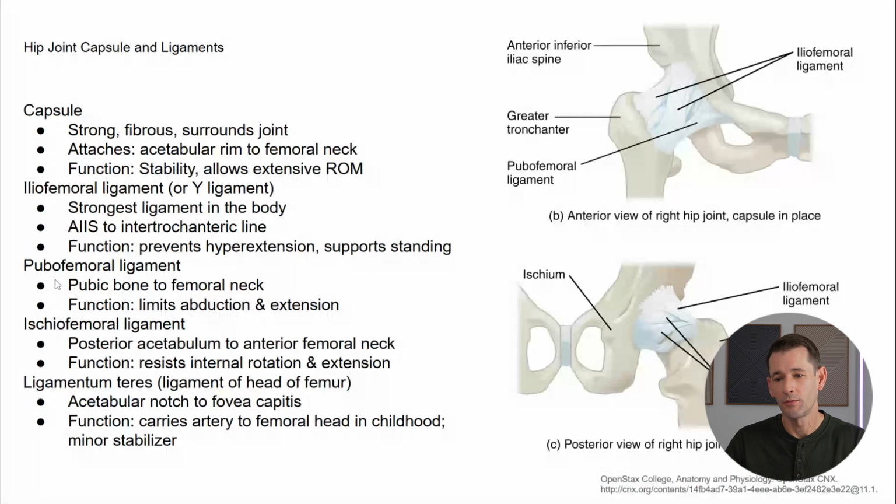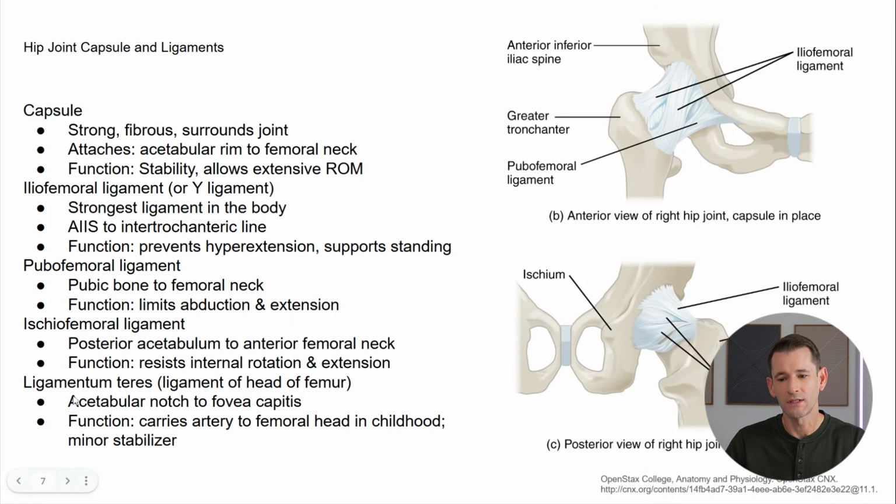Next, we have our pubofemoral ligament. Also, you can see this from the anterior aspect here. So it runs from the femoral neck again to the pubic bone. It limits abduction and a little bit of extension. Let's look at some of the ligaments on the posterior aspect. We have the ischiofemoral ligament, which is taut in internal rotation and extension, so it limits internal rotation primarily and some extension.